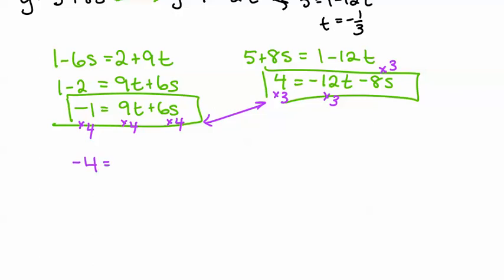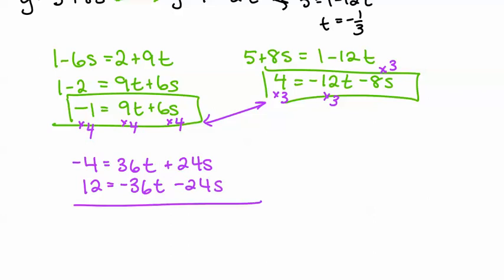So we got negative 4 equals 36t plus 24s, and my other equation ends up being 12 equals negative 36t minus 24s. So right away I can see my t's and s's are the same. So I know I'm going to have parallel or coincident lines, which I already did know that.